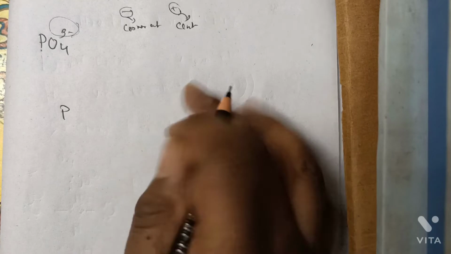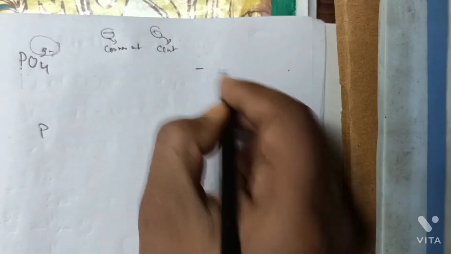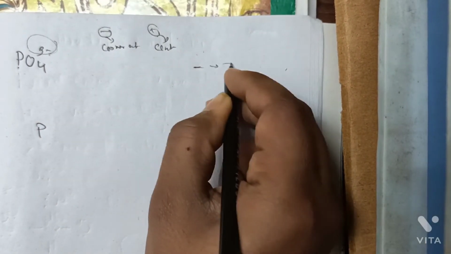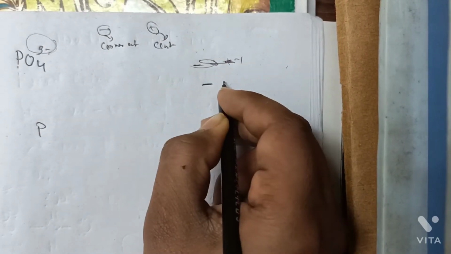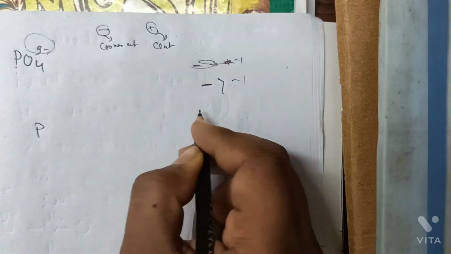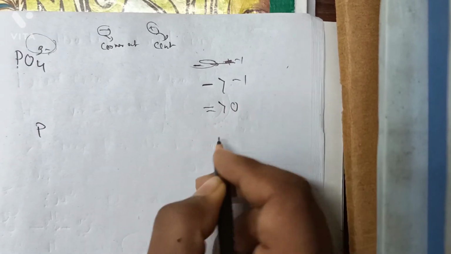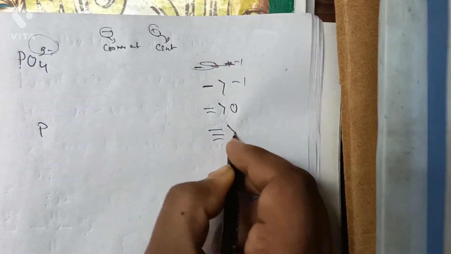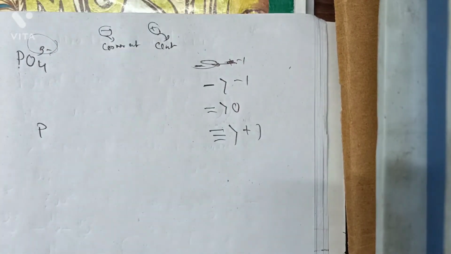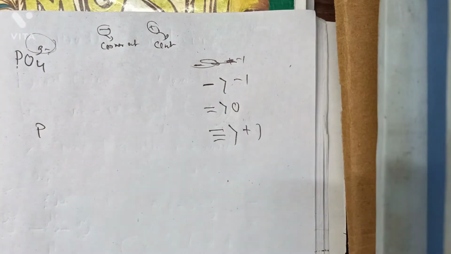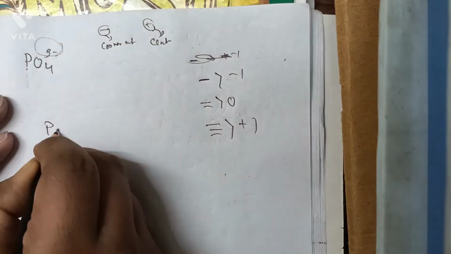I have told you earlier that if a single bond is present, the charge will be -1. If a double bond is present, the charge will be 0. If a triple bond is present, the charge will be +1. Here 3- is given. That means there will be 3 single bonds and 1 double bond. So easy.